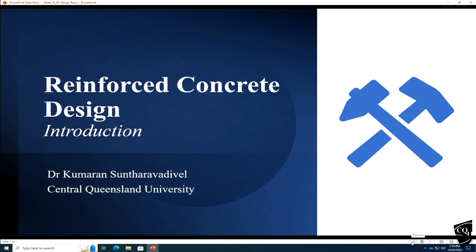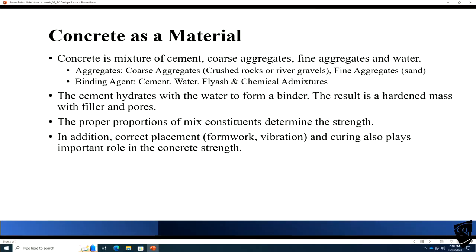So before we go into the design process, we need to know a little bit about the basics of concrete properties and the basics of the design of RC beam or slab or column sort of. Okay.